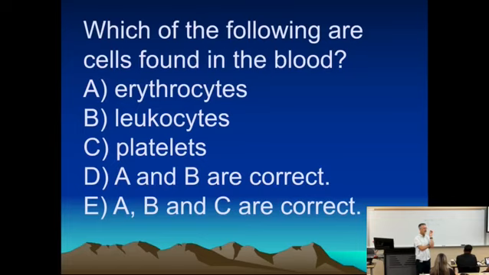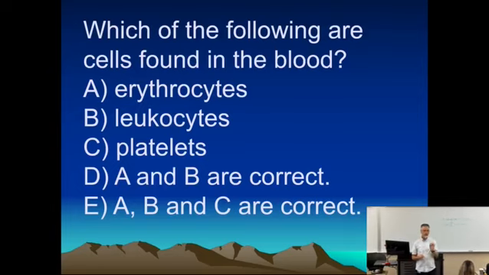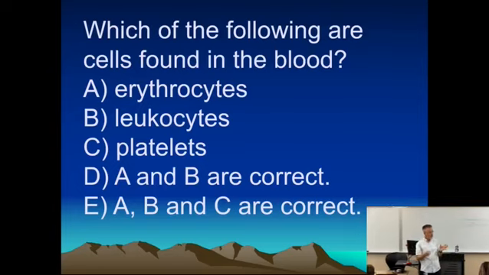Now, the only thing that I highlight with this is every once in a while, you may see a question where it says, okay, talk about the cellular elements or the cellular component of the blood, and it doesn't just straight up say cells. And that's because, remember that the platelets or thrombocytes are actually cell fragments. They're not whole cells, right? So that's why, don't get thrown off when it says cellular elements or cellular components of the blood, that includes our platelets.